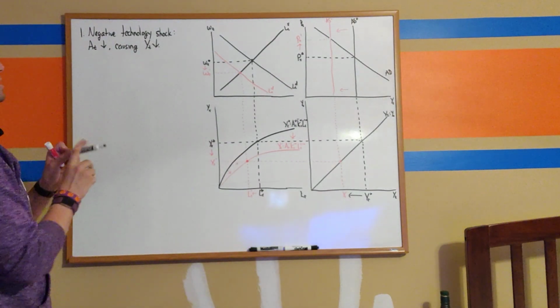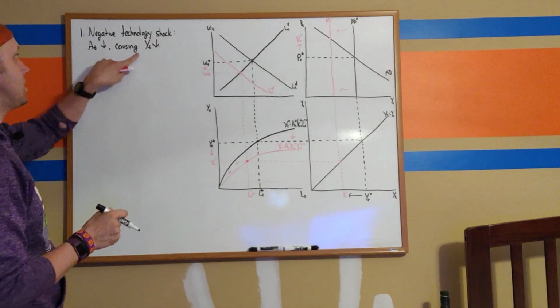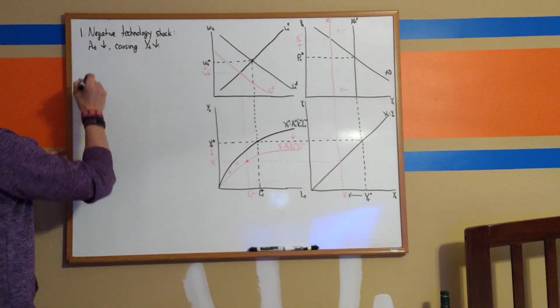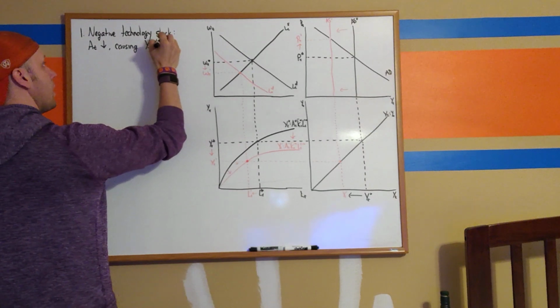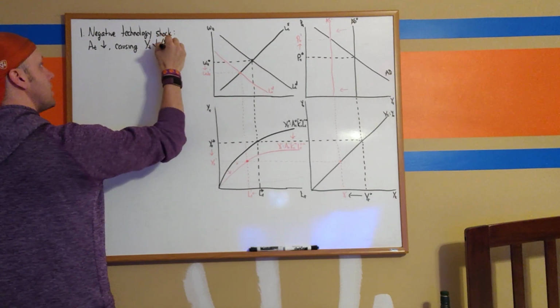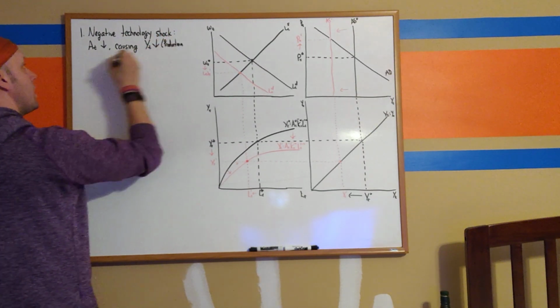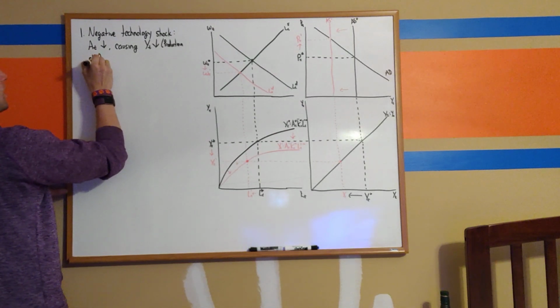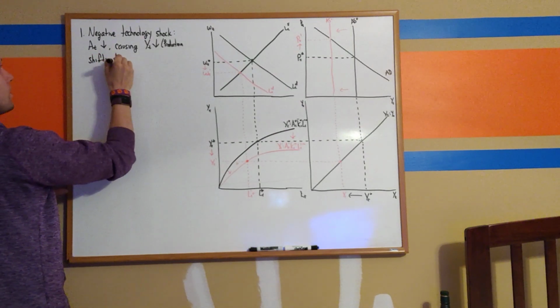All right, so there's a negative technology shock. Technology decreases, causing a downward shift in production. Let's say production shifts down.